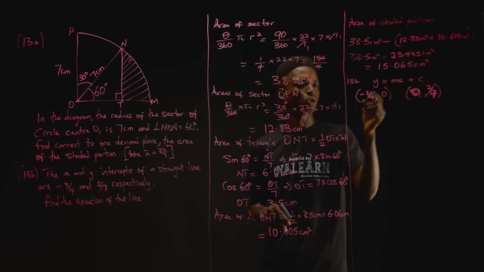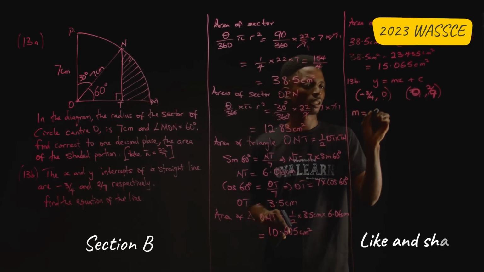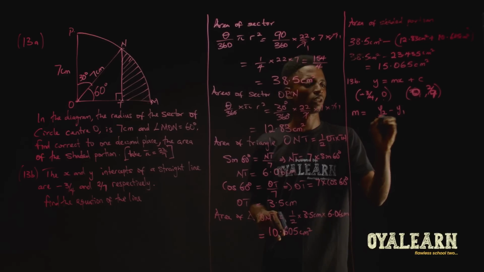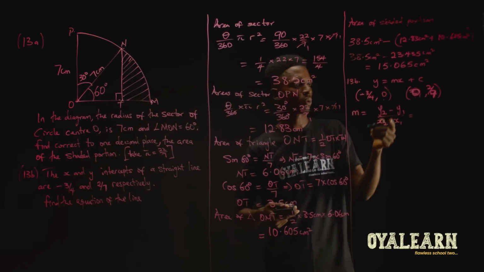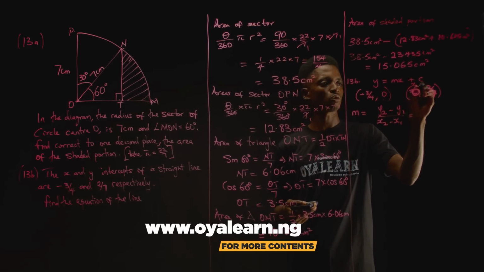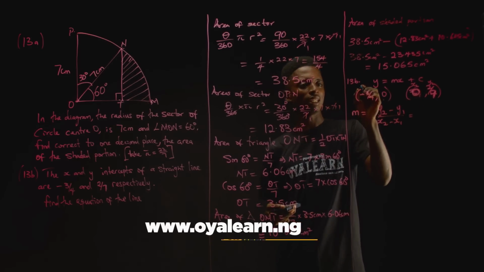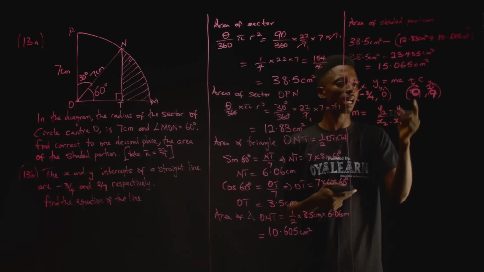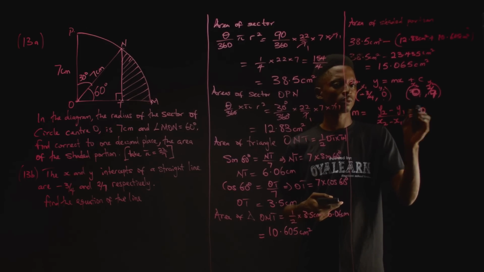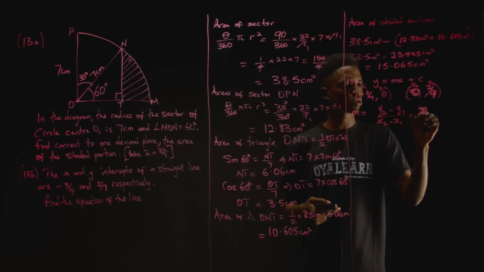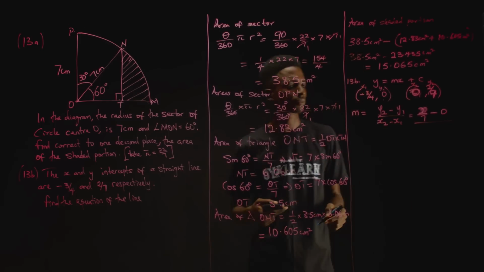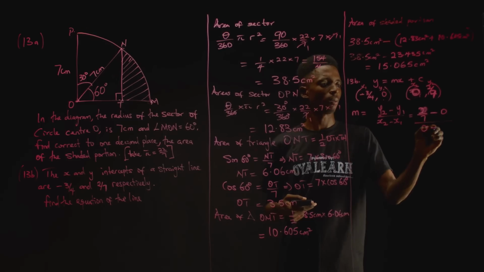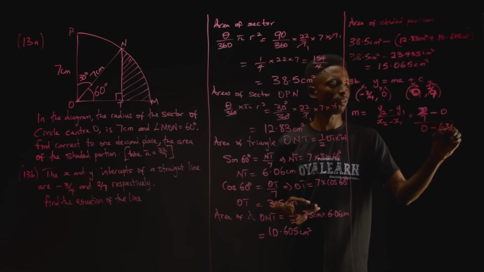So let's find our slope. M becomes y2 minus y1 over x2 minus x1, right? So picking any of the points here, this can be our x2, y2, and then x1, y1. So if you do that, we'll have y2 is 2/7 minus y1, which is 0, all over x2, 0, minus x1, minus 3/4.